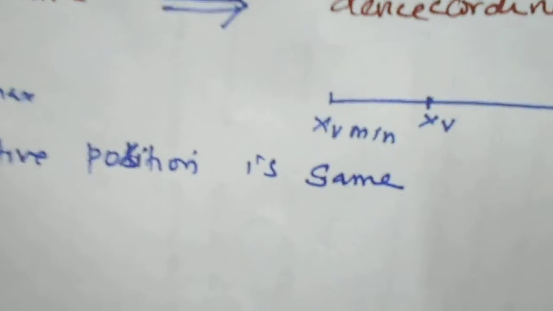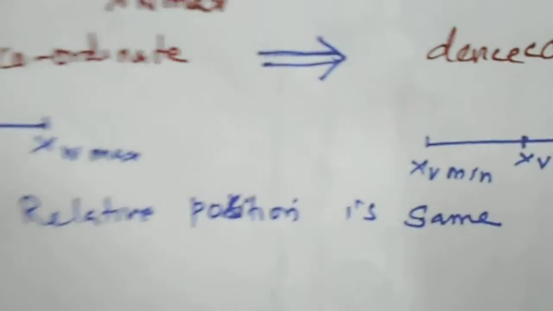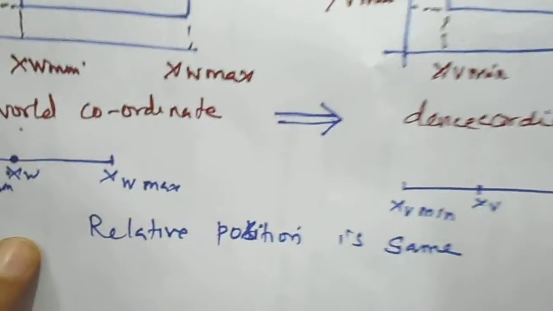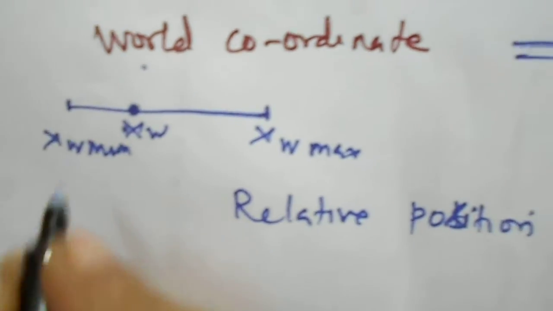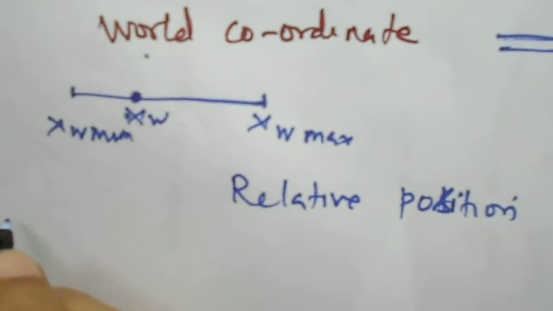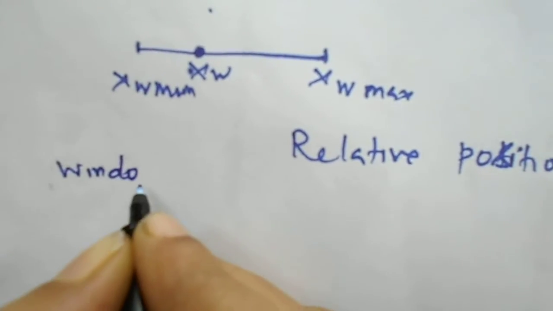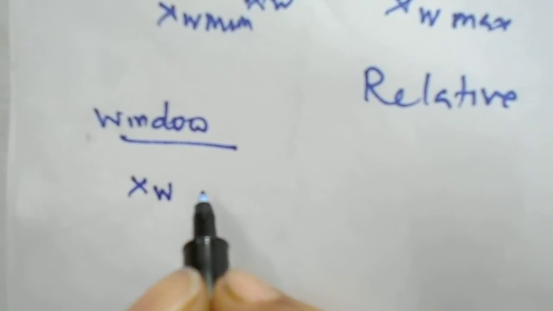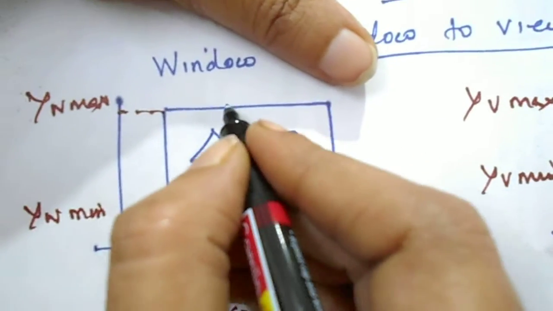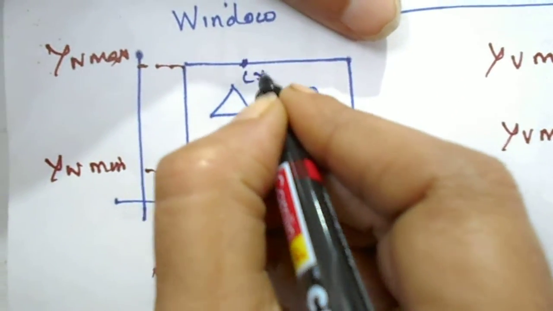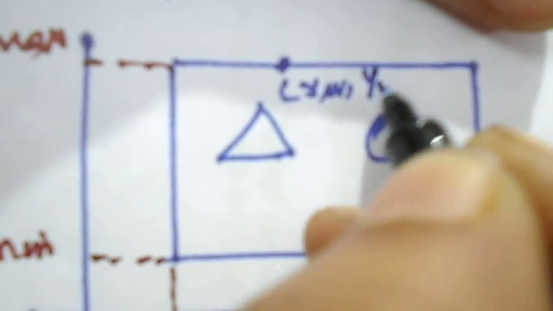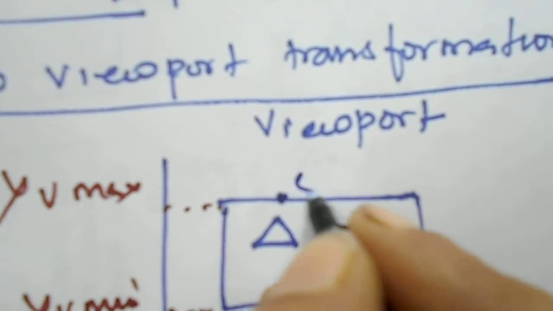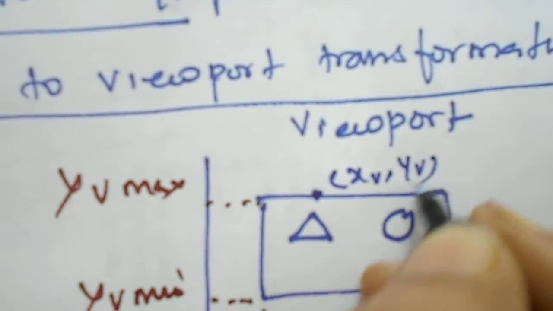So now we know the x coordinate and y coordinate for window coordinates. Let's write the coordinates for window. Let's take some point here, that is xw, yw. Here also it may be assumed that at 30% we may obtain xv and yv.